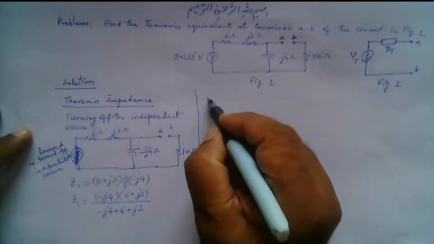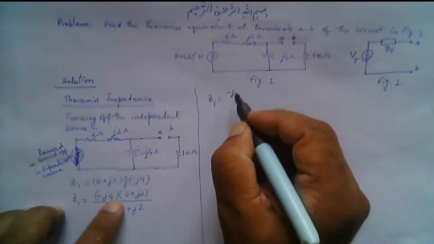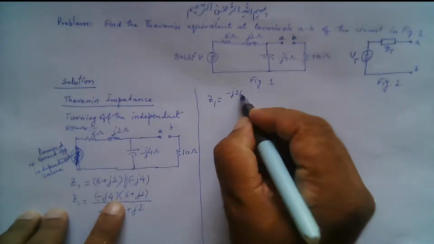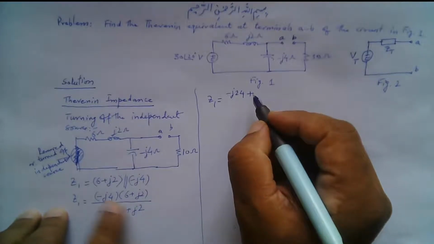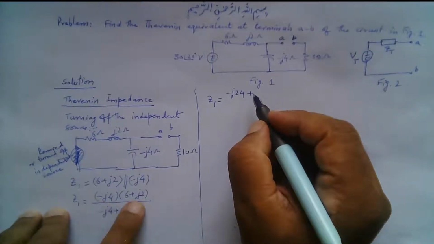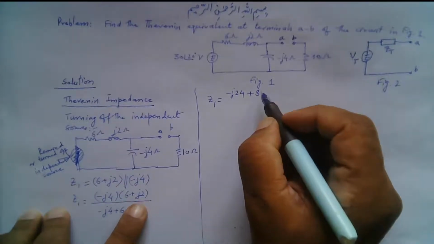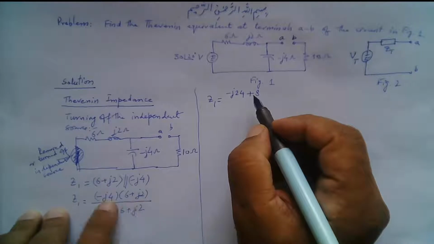So Z1 is then given by minus J4 multiplied by 6. So that will be minus J24, right? And then J square, minus J multiplied by J, so that will be minus J square, so that will be plus. So 4 multiplied by 2, that will be 8. Right? So minus J4 multiplied by J2 will give us 8, right?